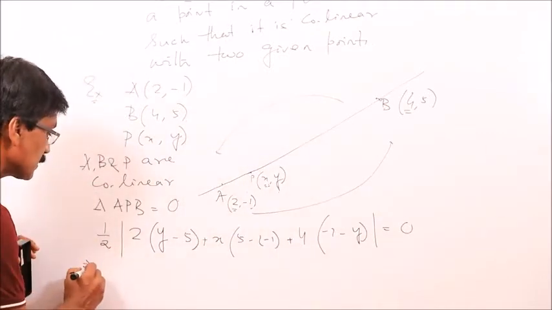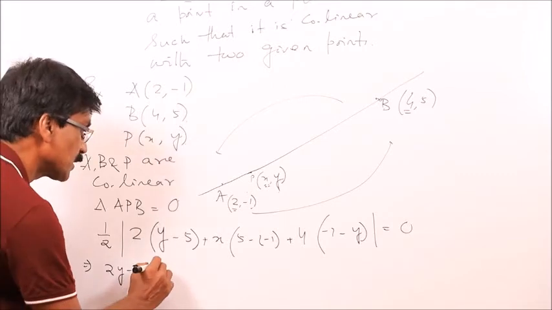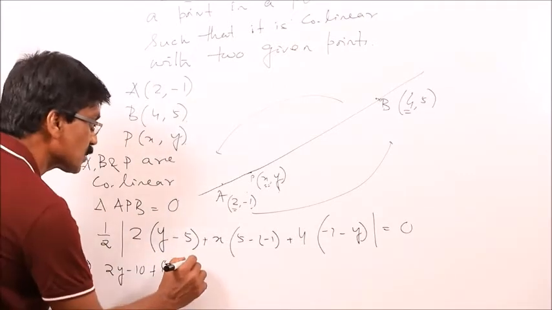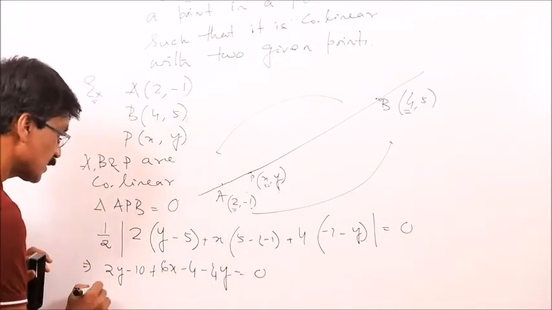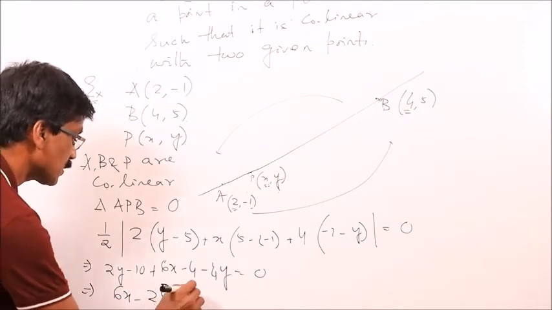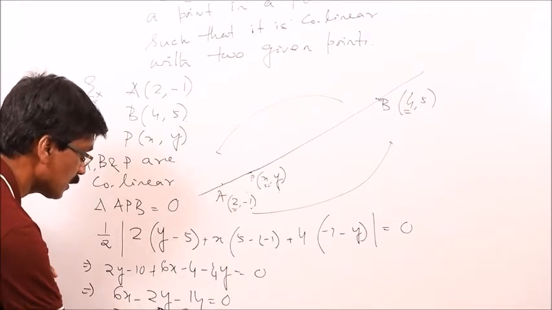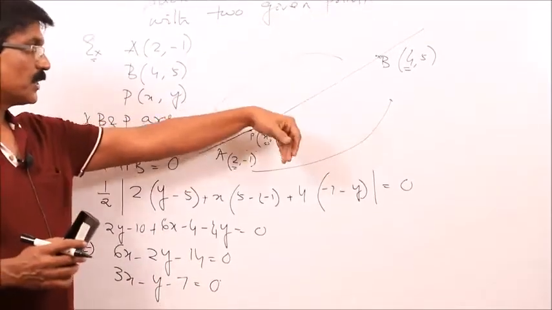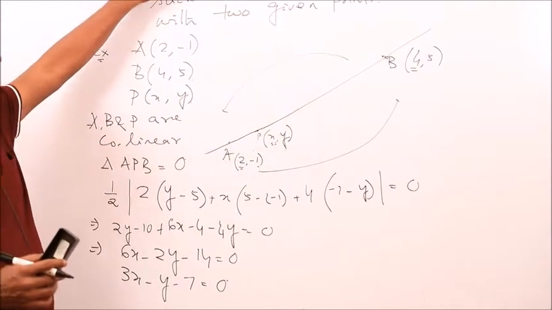Simplifying, it is 2y minus 10 plus 6x minus 4 minus 4y equal to 0. That is 6x minus 2y minus 14 equal to 0, that is 3x minus y minus 7 equal to 0. So this is the locus of the point with the given points A, B. This is a straight line.